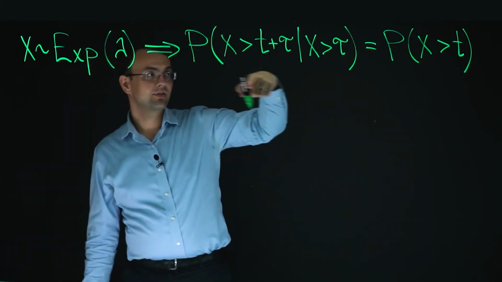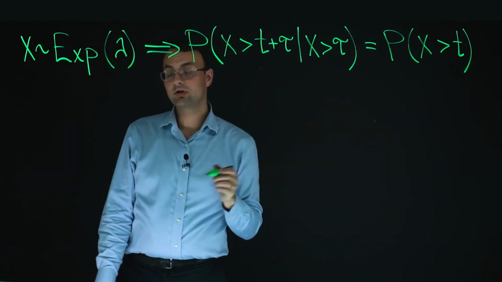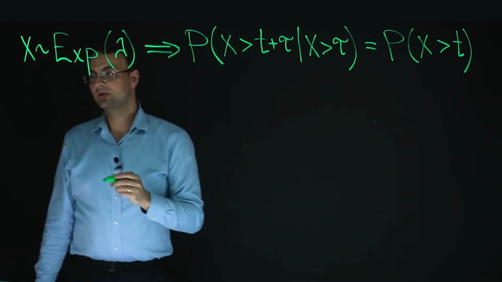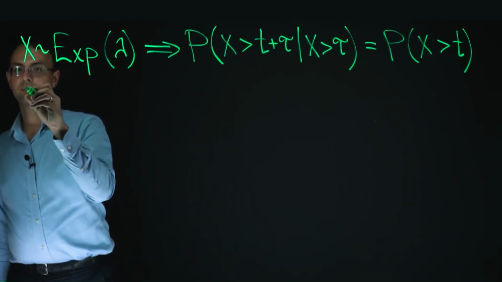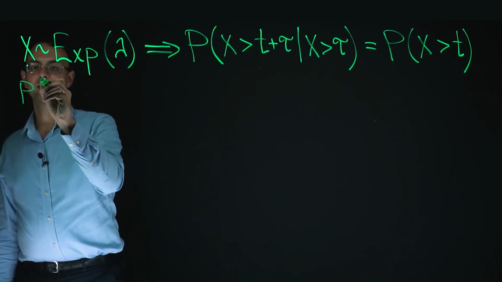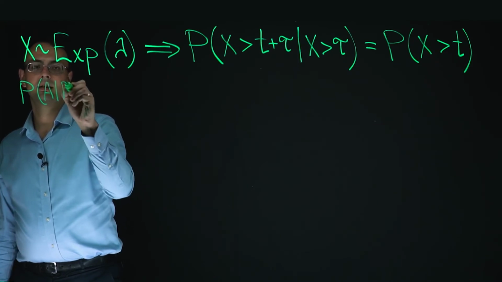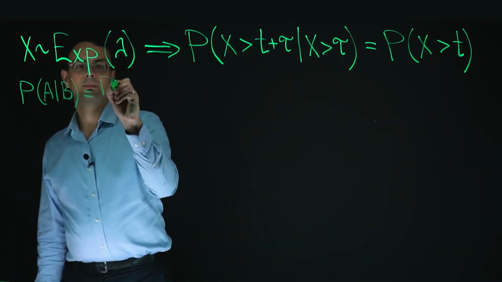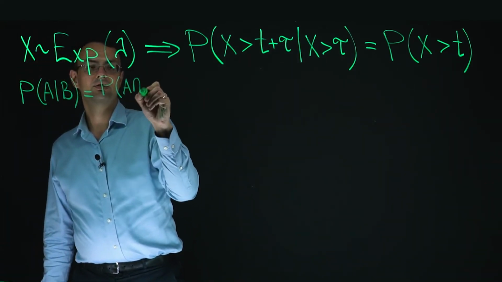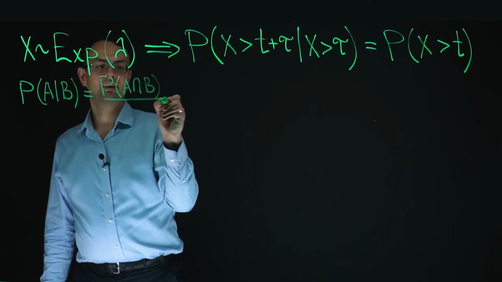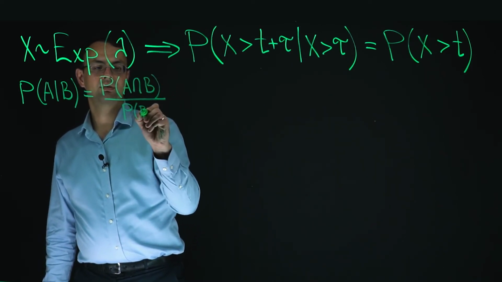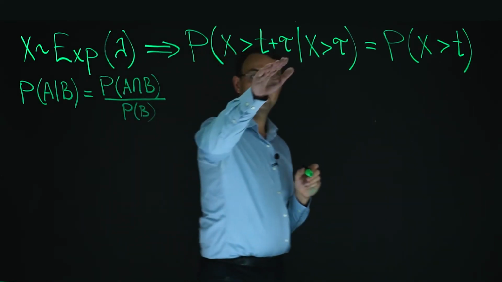Let's consider this probability. This is a conditional probability. For conditional probabilities, we have a formula that the probability of A given B is the probability of A intersection B divided by the probability of B. So let me apply this formula.